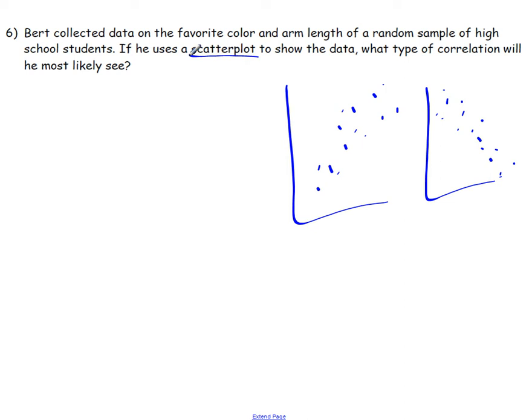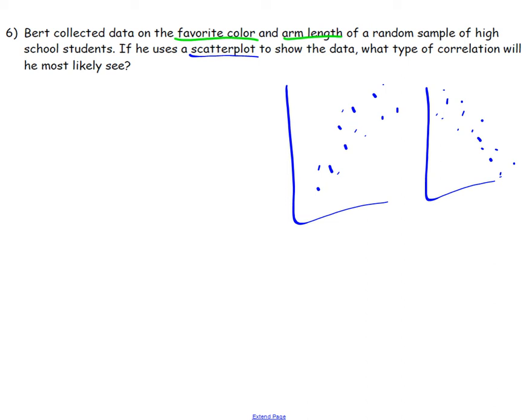We have to look at how the two things we're comparing relate to each other. So the two things we're comparing here are what? Favorite color and arm length.